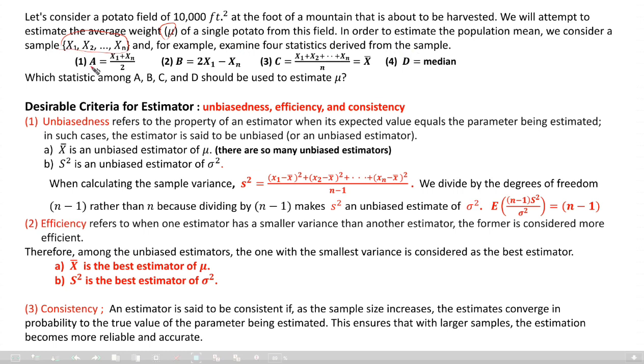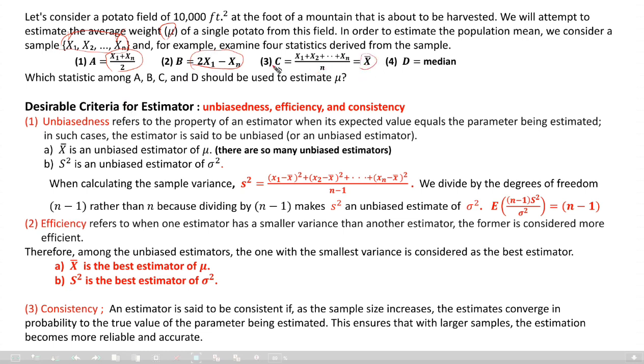For example, consider estimators derived from this sample. Person A likes to use (X1 plus Xn) divided by 2. Take the first one and the last one, and divide by 2. Person B uses 2X1 minus Xn. He likes to use this one to estimate mu. Person C, what is this? This is the sample mean, right?